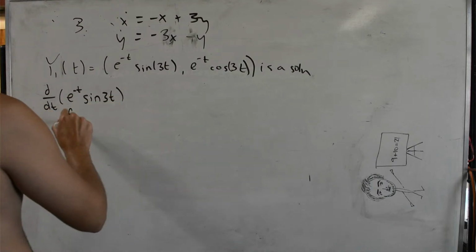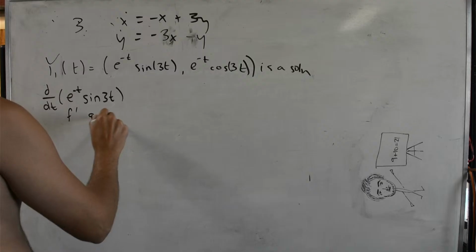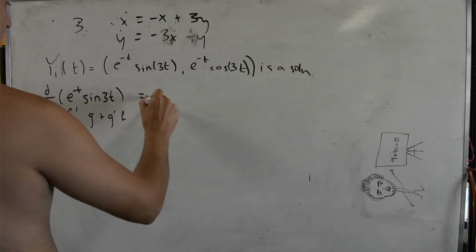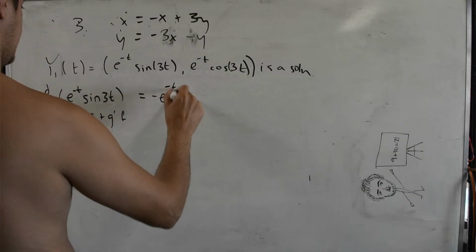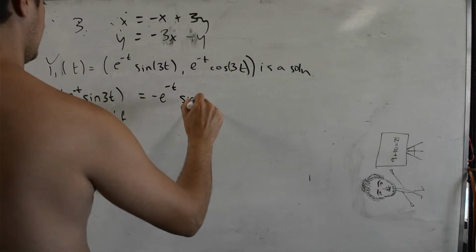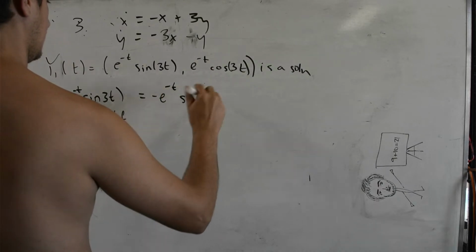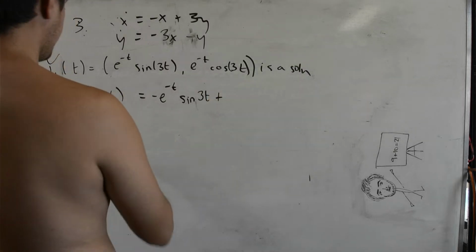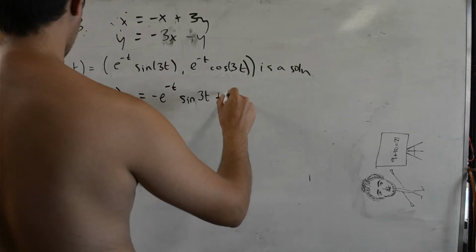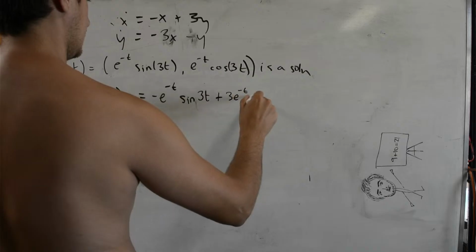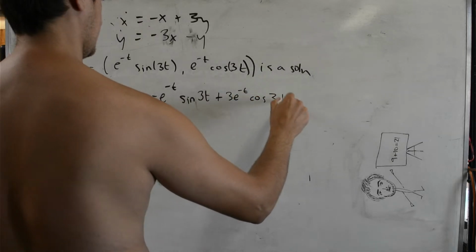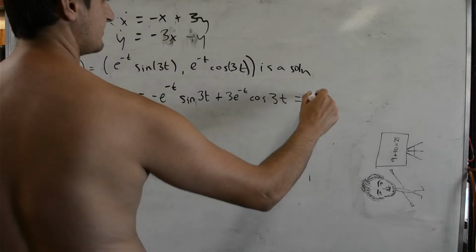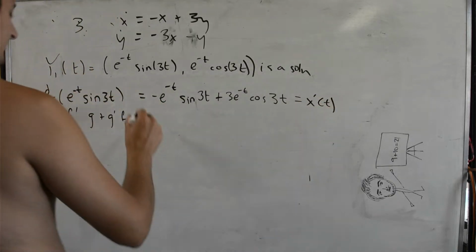So, f prime g plus g prime f is equal to minus e to the minus t sine 3t plus g prime, which is 3e to the minus t cos 3t. All right, so this is x prime of t.